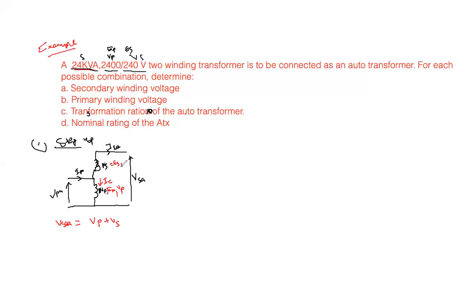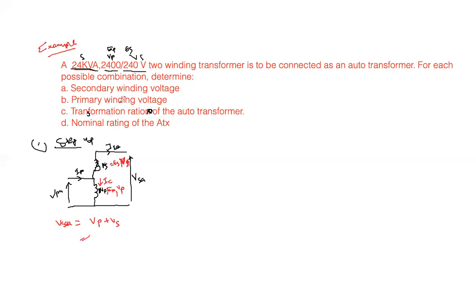I'm saying EP is the same as VP. If you don't understand this, you have to go back to your understanding of transformers. And this is VS. So our VSA is the same as VP plus VS. That is simple. What is our VP?